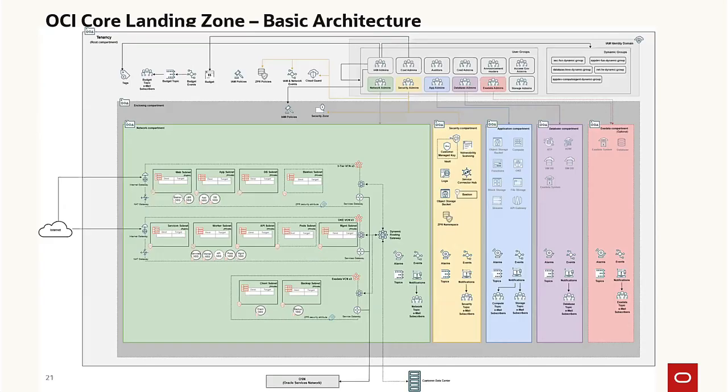CloudGuard is enabled at the tenancy level, while security zone is enabled at the enclosing compartment level as the best practice. And other security-related services like Vault service, vulnerability scanning, logging, service connector, bastion service, zipper namespaces, they are deployed upon request, of course.